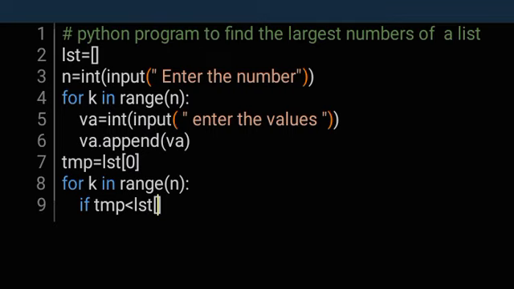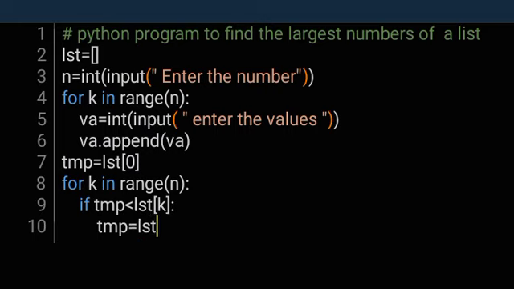which is k, it should keep on repeating. It should do what? Apply this condition, that is, there should be a colon here. We need an indent, so you apply this condition: TMP, the temporary variable, reassign this value into temp.